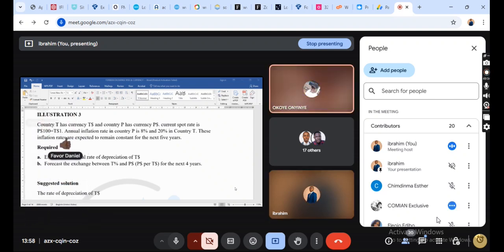Yes, sir. So which one of these two currencies is domestic? Based on my previous explanation, I would say country P is domestic. Then country T is foreign. Okay. Any other person? Country P domestic, country T foreign. Yes, this looks like a direct quote, so P is the domestic currency.